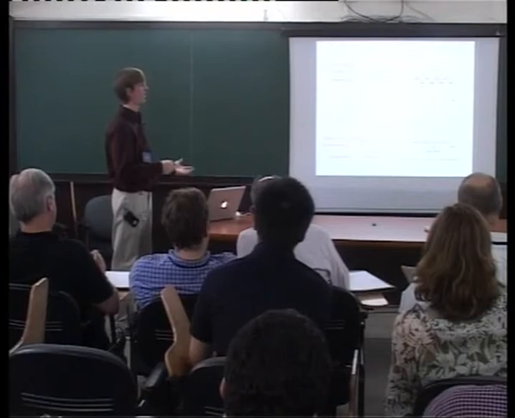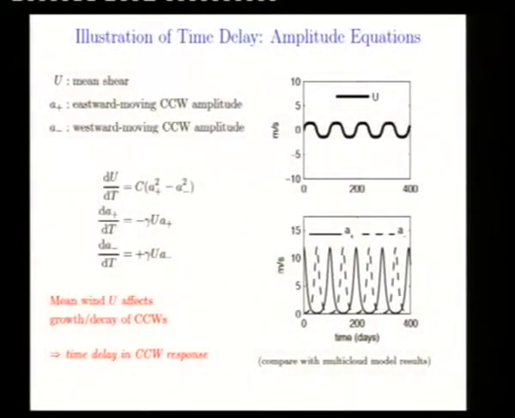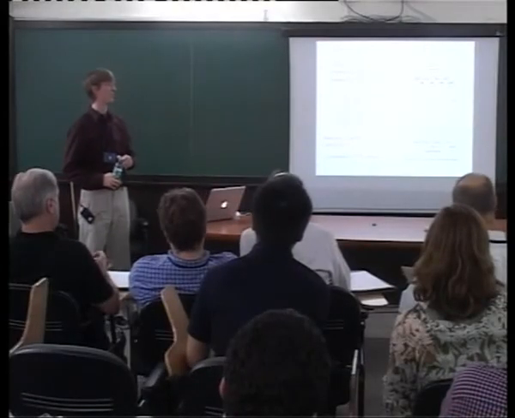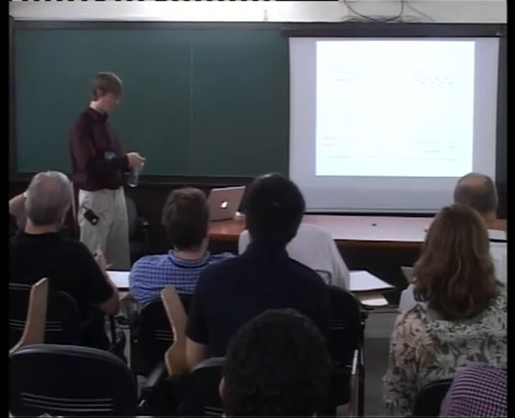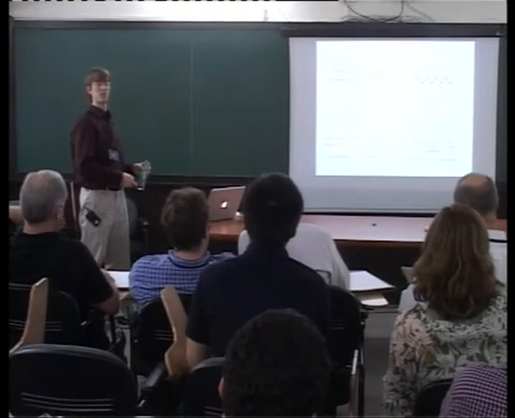And so if you run this model, you end up with oscillations that look a lot like the simulations from before. You'll have one wave appear, and then its momentum transport causes the sign of the shear to change. It decays, the other wave forms, and it keeps repeating. And you might be wondering, where did we come up with this model?